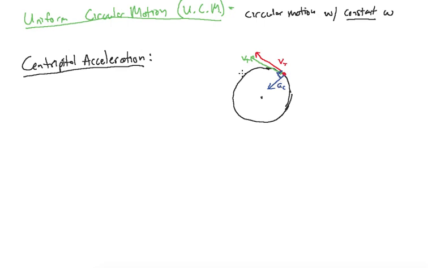But as you go in this circular motion, the tangential velocity always stays perpendicular to the center-seeking acceleration. So wherever you go, it stays perpendicular. So it never affects the speed. It only affects the direction. It makes it keep turning and keep going around in a circle like this, okay?